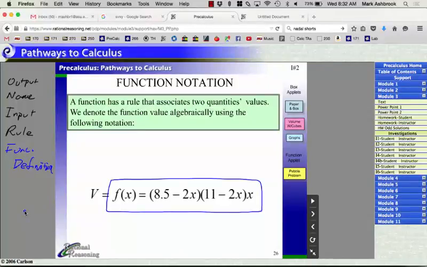So the function definition is defining our relationship. It's defining the input, the output, the name, and the rule, because the function definition includes all of that stuff that we've talked about before.